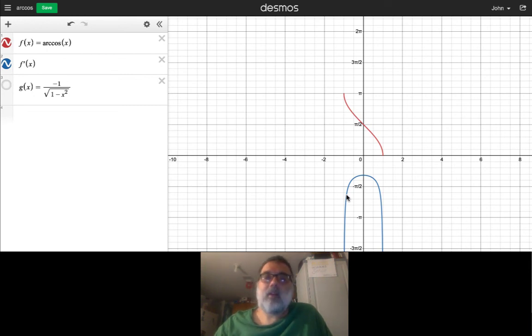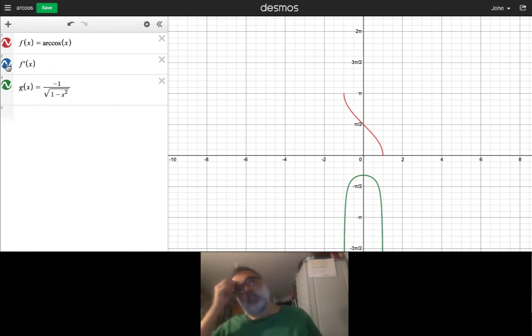And then as we come up towards 1 as an input, we're getting 0 out, but again, it's infinitely steep. So what does the graph of minus 1 over the square root of 1 minus x squared look like? We do notice it's undefined when x is negative 1 and positive 1. That's a good sign. It's the same thing.